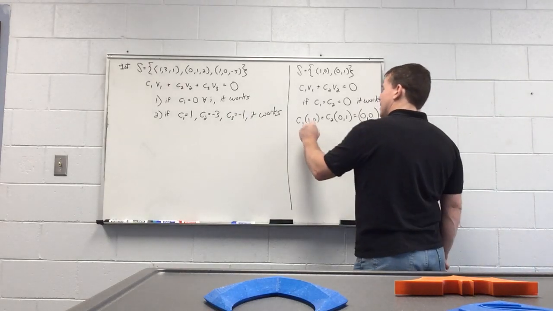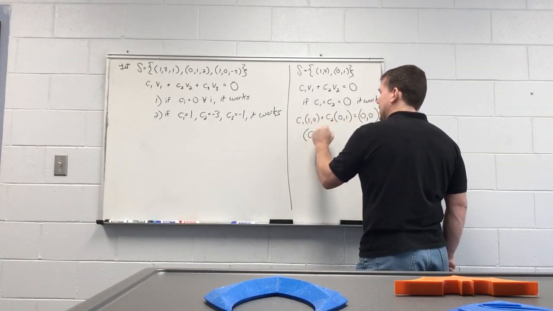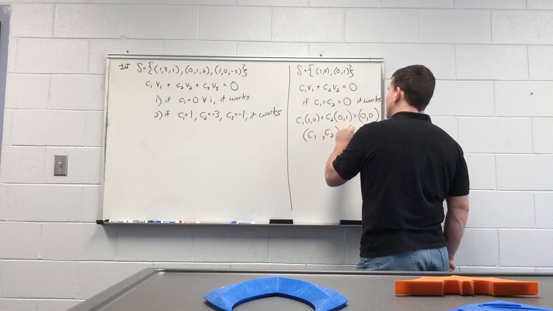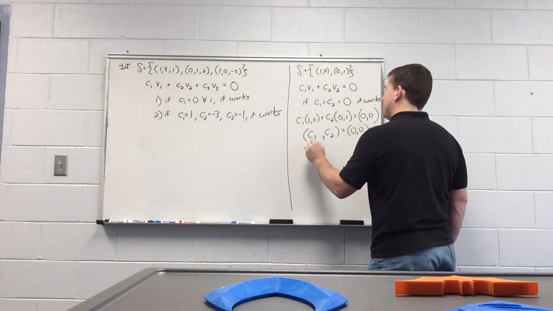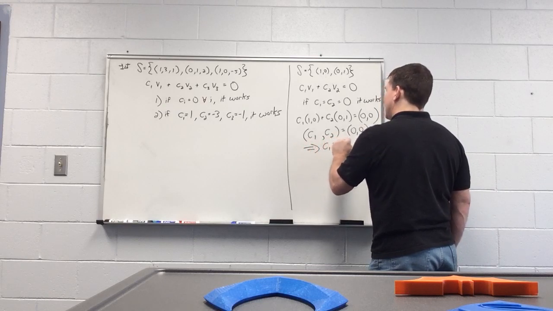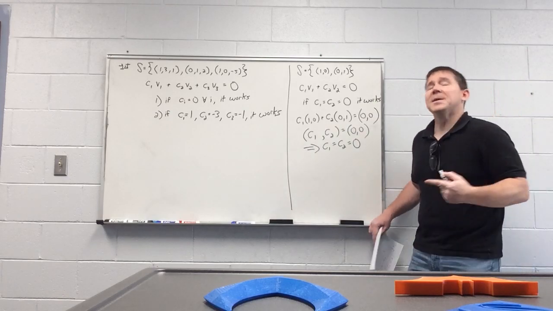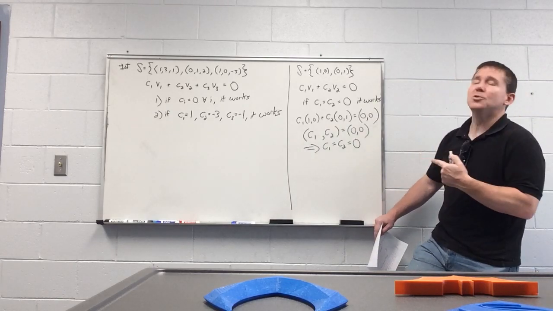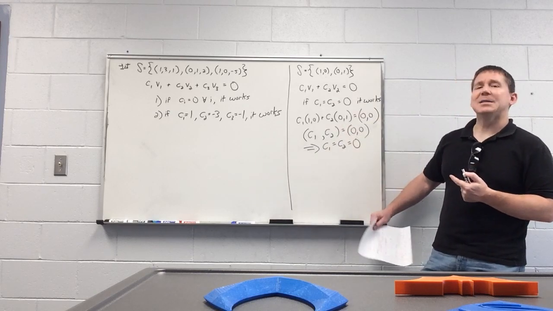But then if I multiply in and then combine, (c sub 1, c sub 2) equals (0, 0), which then implies that c sub 1 equals c sub 2 equals 0. Which means the only solution here that will work is if the c sub i's equal 0.